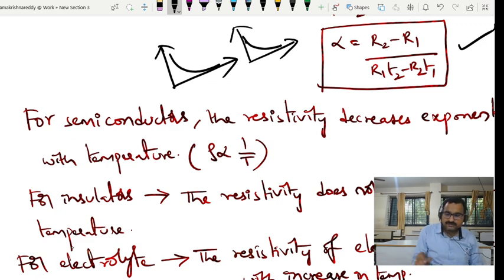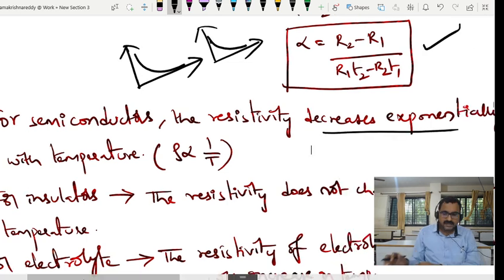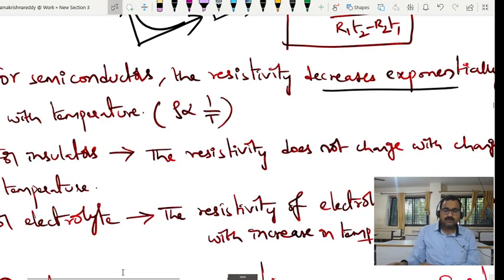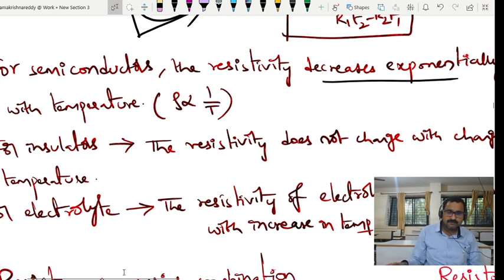That's why we wrote that resistivity decreases exponentially with temperature. Nothing but rho is inversely proportional to T. For insulators, no change: resistivity doesn't change with temperature.